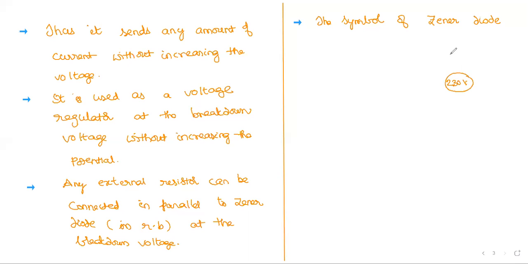In India we require 230 volts. So will we get 250 across the Zener diode also? That I will explain tomorrow.